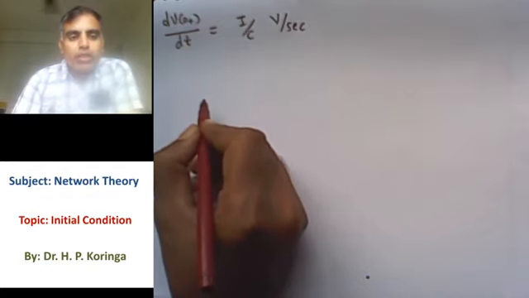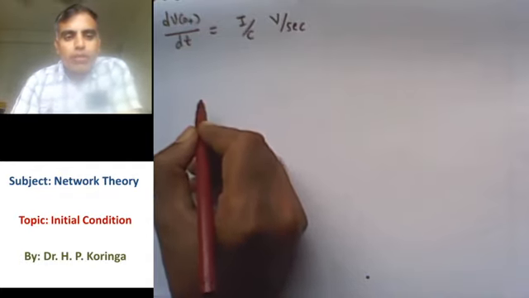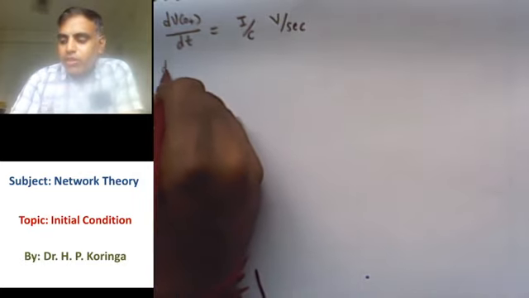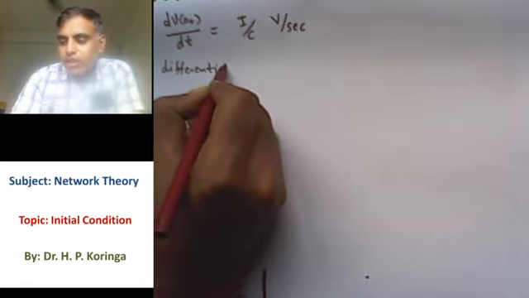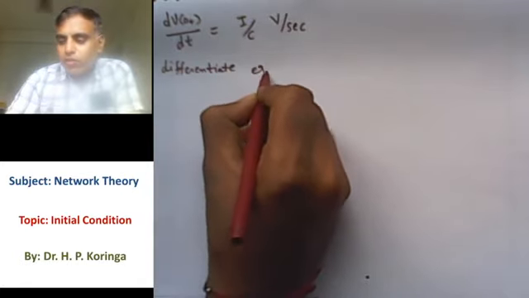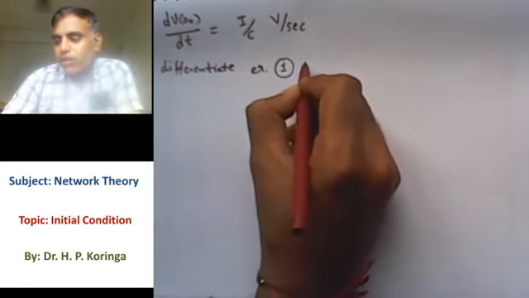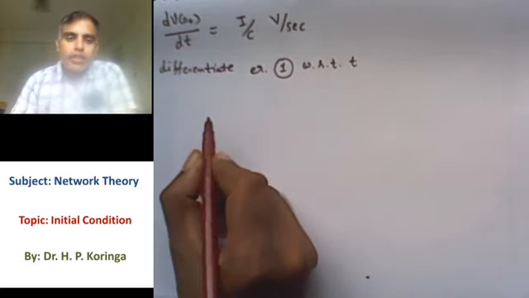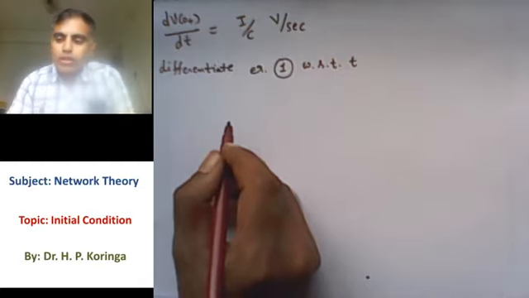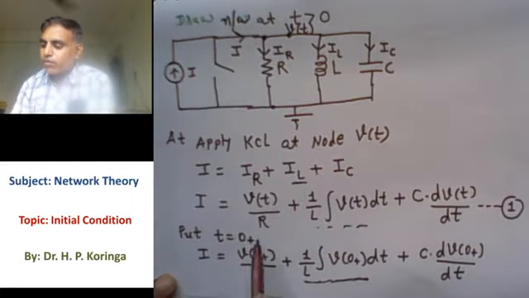Now to find the second derivative, d square V0 plus divided by dt square, we will differentiate equation 1 with respect to t. So let's see equation 1.